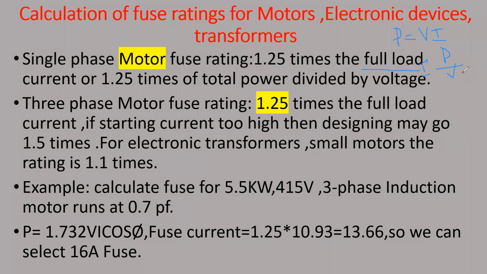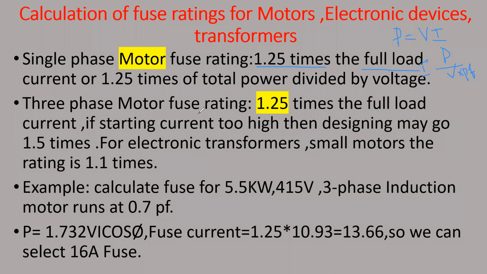If it is single phase, it is going to be 230 volts. And the power factor can also be included, what the PF value is. This is how we find the full load current. That current times 1.25 will give you the fuse rating of a single phase motor.